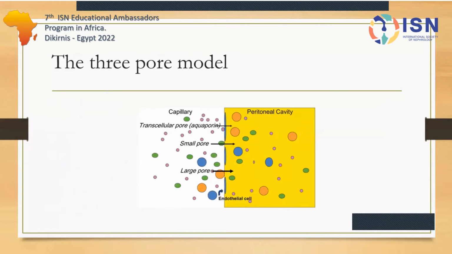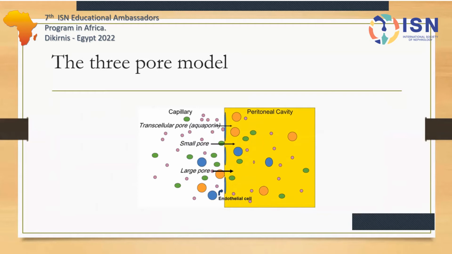One of the most important concepts in peritoneal dialysis is the three-pore model. In this illustration, on the left side we have the capillary, and on the right side we have the peritoneal cavity. You can see those black arrows, one indicating the transcellular pore, another indicating the small pore, and the last one indicating the large pore.